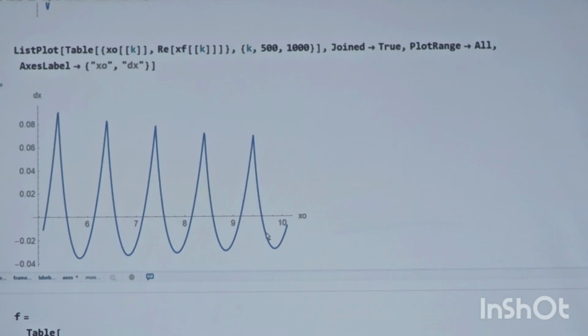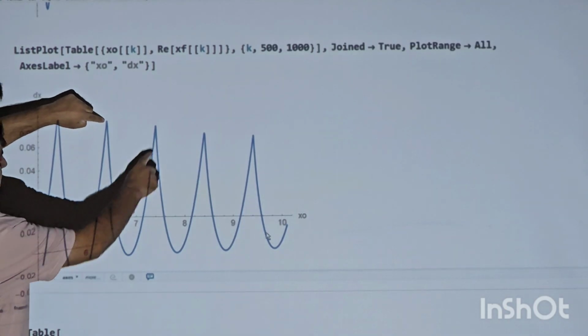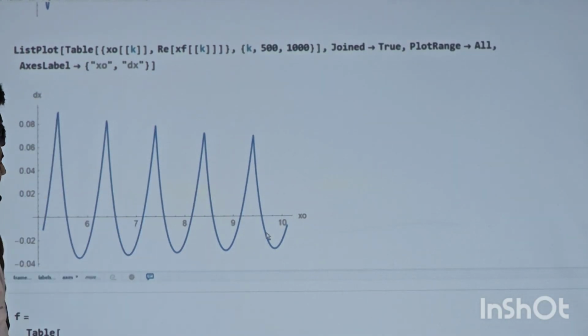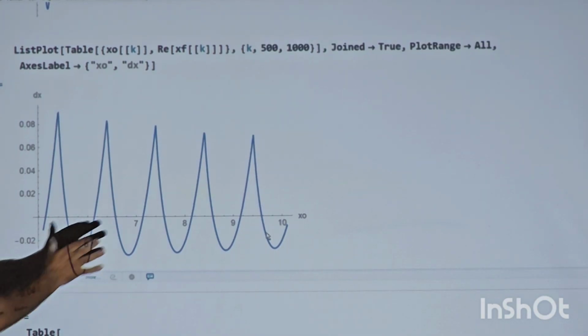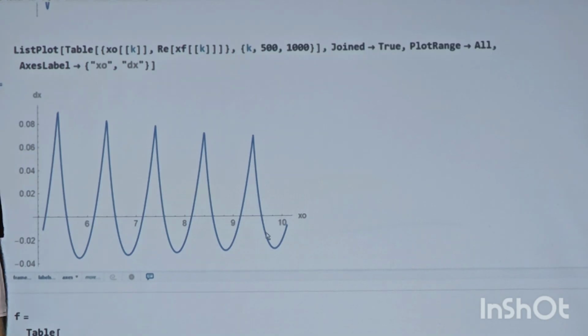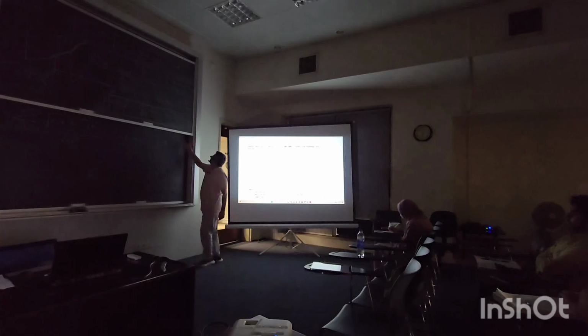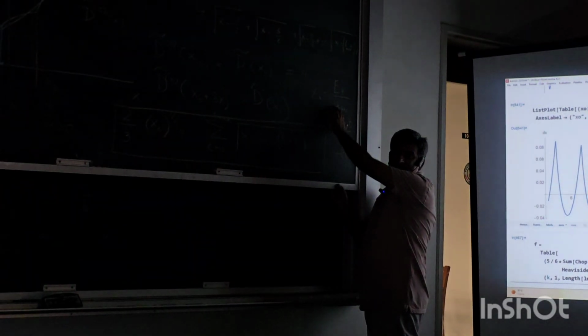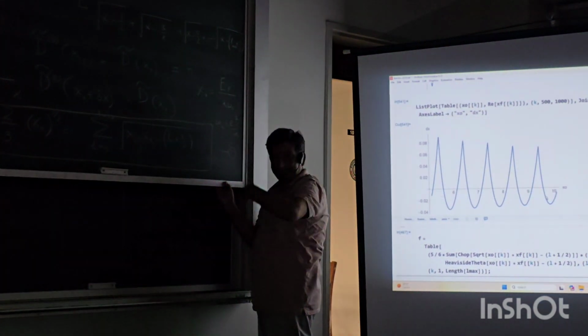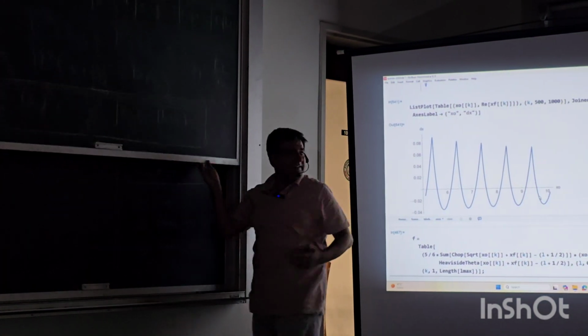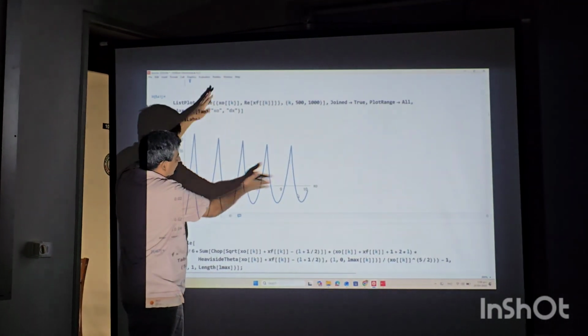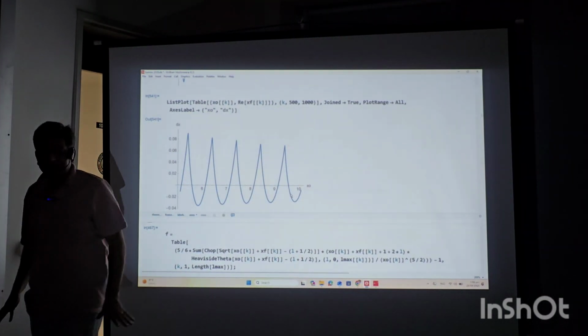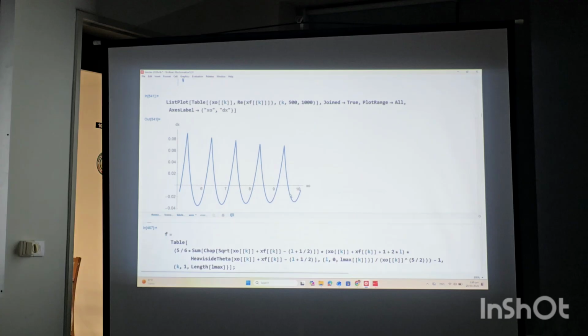Got it? And if you observe, this kind of period is 1. This delta x naught is 1. So whenever the magnetic field changes such that this delta x is 1, I get the same behavior. And it's an asymmetric function. It doesn't have constant amplitude. There's slight asymmetry to this. So this is how the Fermi energy changes.